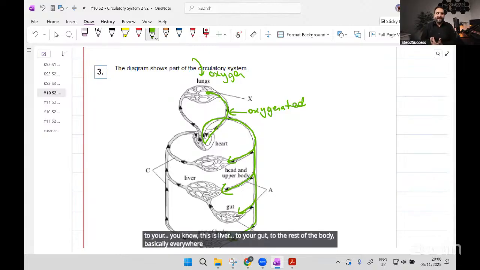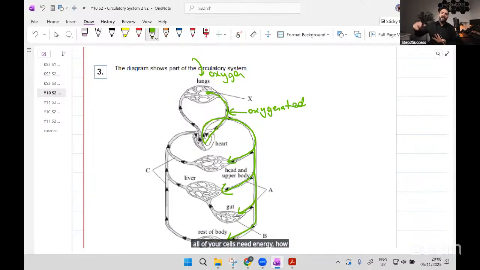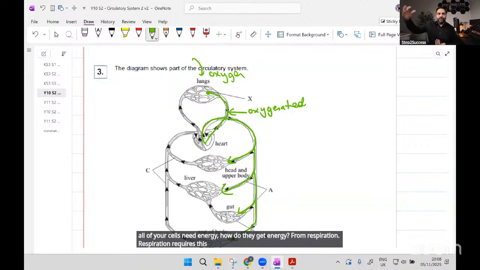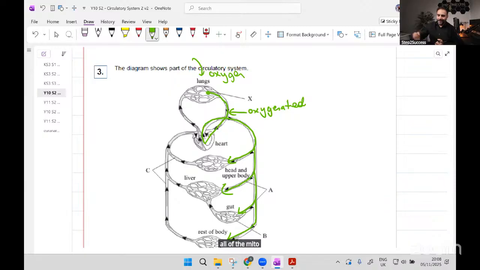All of that oxygen has to get all around your body because all of your cells need energy. How do they get energy? From respiration. Respiration requires this oxygen. So we're trying to get this oxygen to all of the mitochondria in all of your cells. And that's how we do it. The heart sends it there.